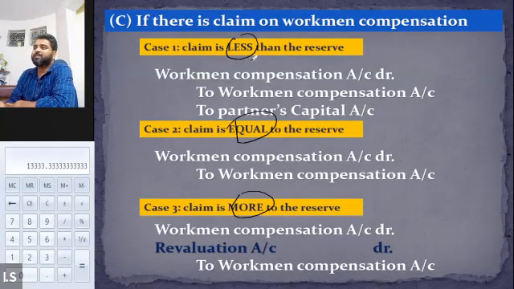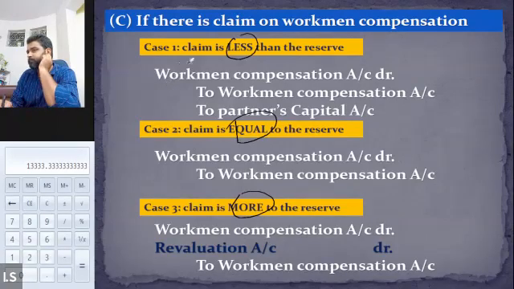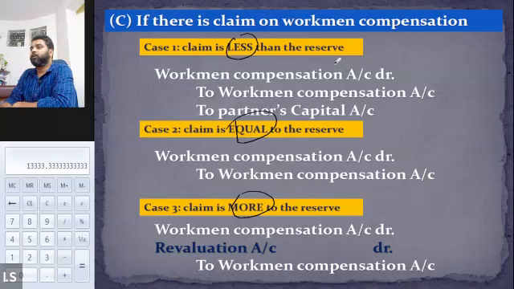If the claim is less than the reserve, then the following general entry will be passed: workman compensation reserve account debit to workman compensation and to partners' capital.